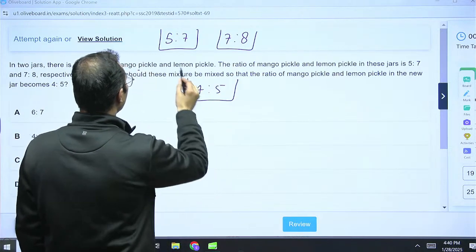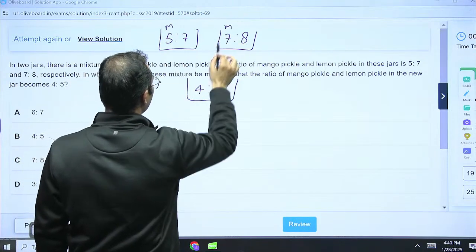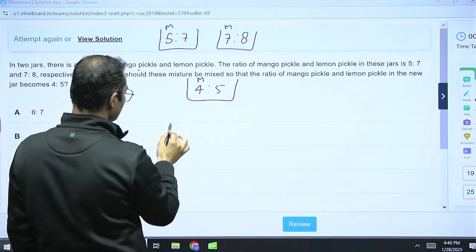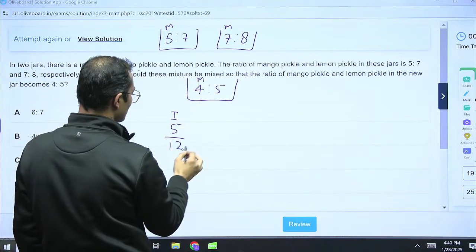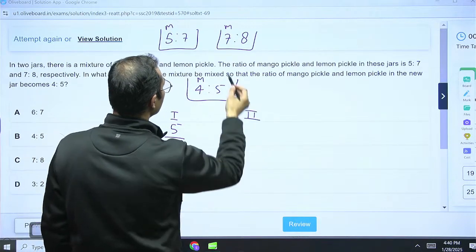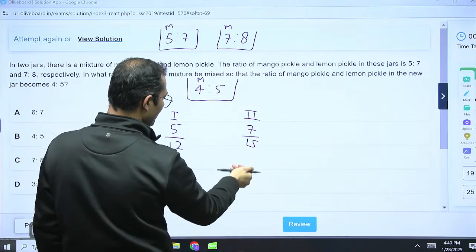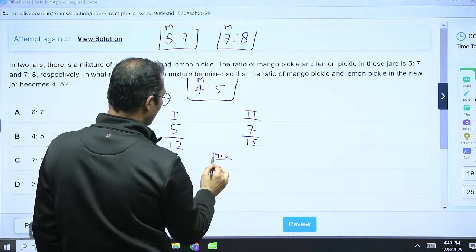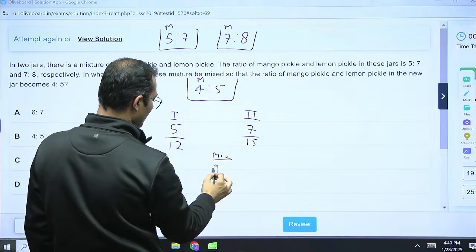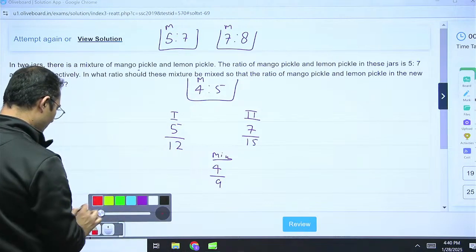So simply if I say that we focus on the mango, right? So mango and mango. So in the first, mango is what portion? So 5 divided by total, that is 12. In the second jar, mango is concentration 7 divided by 15. And in the final mixture or new mixture, the concentration of mango is 4/9. So what we do, we take the LCM of denominator value, right?